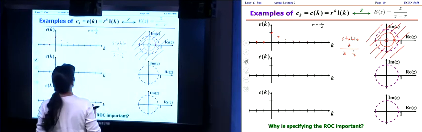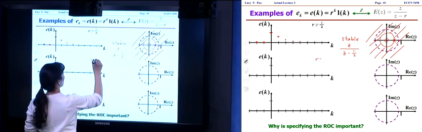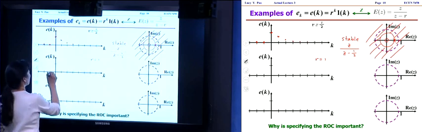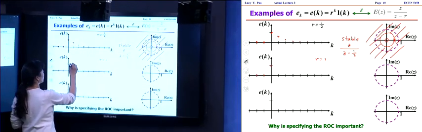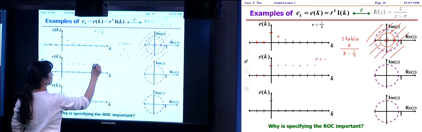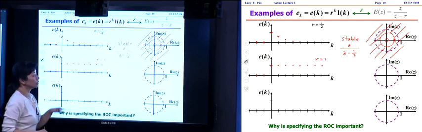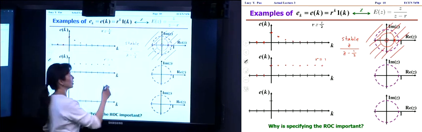Now if we look at R equal to 1, then again e[k] is 0 for negative k, and it's equal to 1 for all non-negative k. The signal doesn't decay and doesn't grow, so it might be called marginally stable.